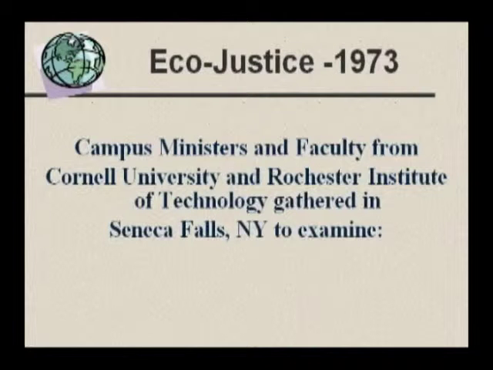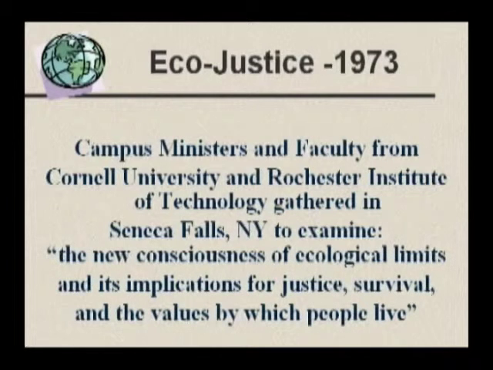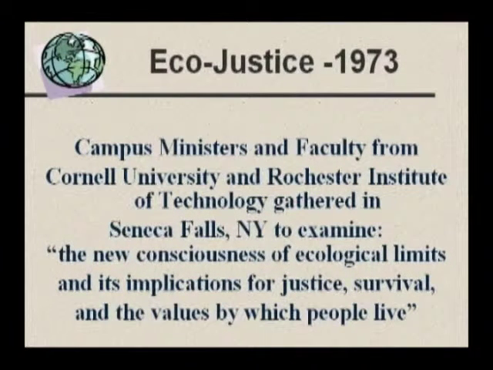They gathered in Seneca Falls, New York, probably very apropos, since that was where the women's movement started, if you recall. But they met there to examine what they felt was the new consciousness of ecological limits. They had read that book, Limits to Growth, and they wanted to examine its implications for justice, survival, and the values by which people live.